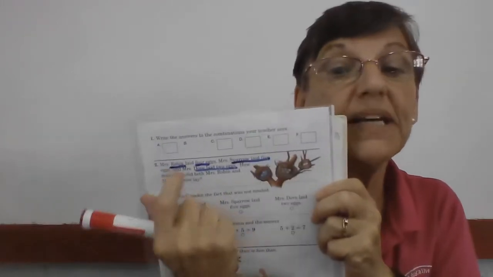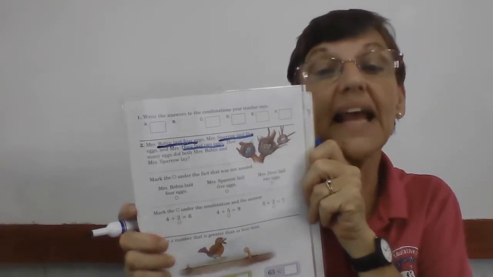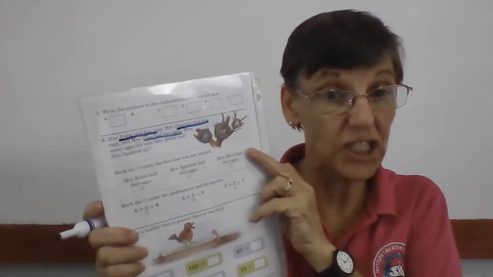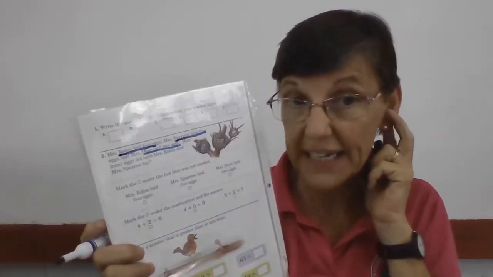They gave us 3 pieces of information. Mrs. Robin laid 4. Mrs. Sparrow laid 5. And Mrs. Dove laid 2. Now, the question again, ready? How many eggs did Mrs. Robin and Sparrow lay? Okay, circle that information.